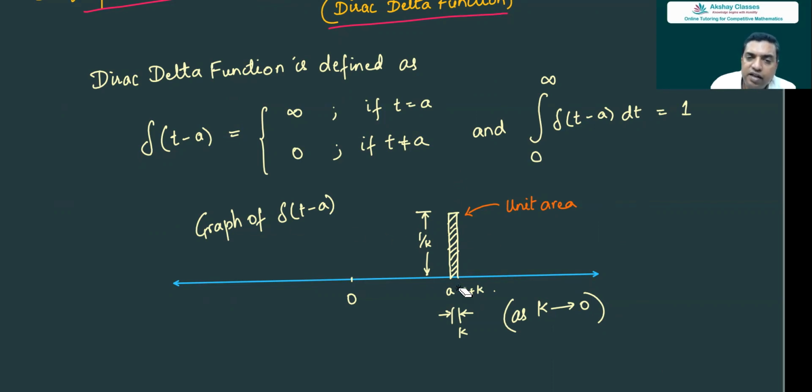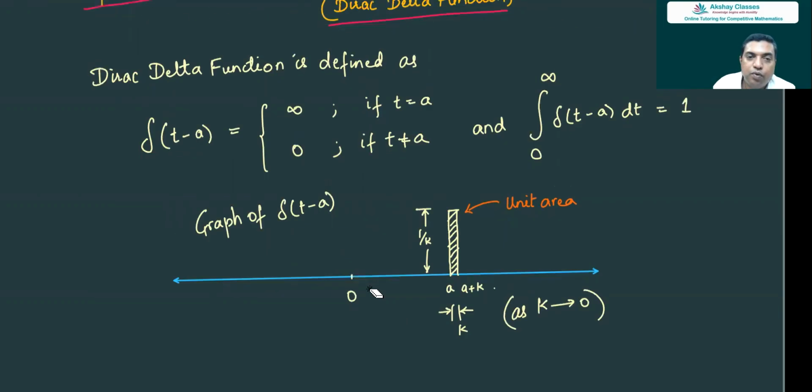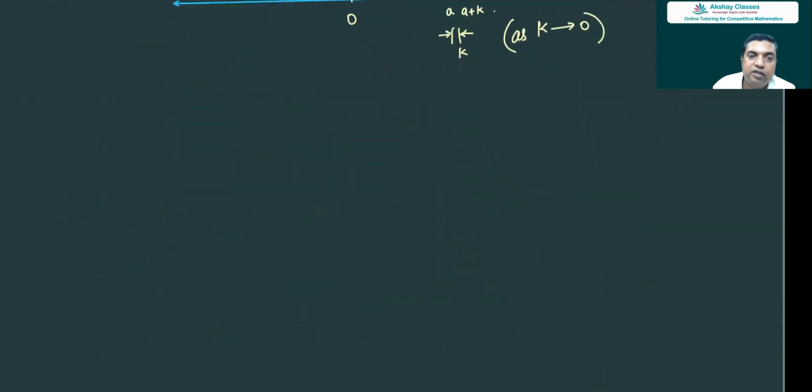So at a, the value will go to infinity, and across a, the value will be 0. So this is how a Dirac delta function is defined. So now, what is the result?